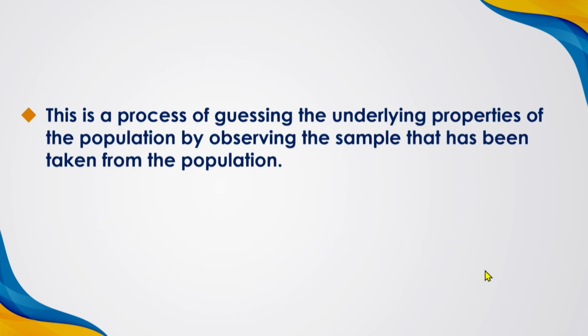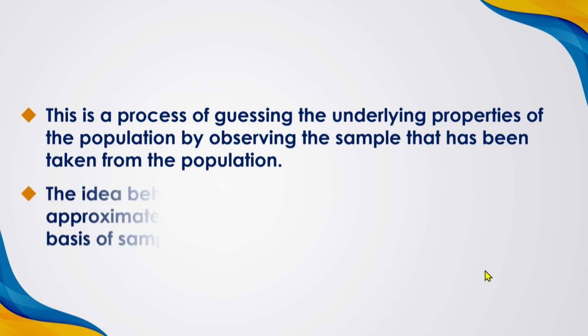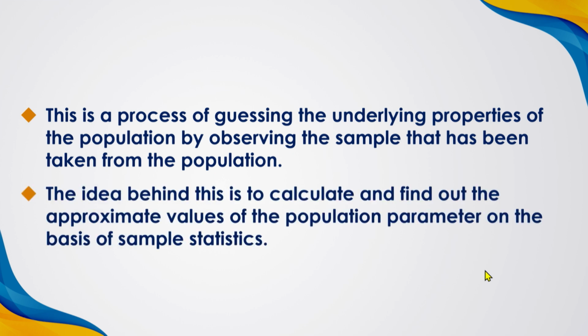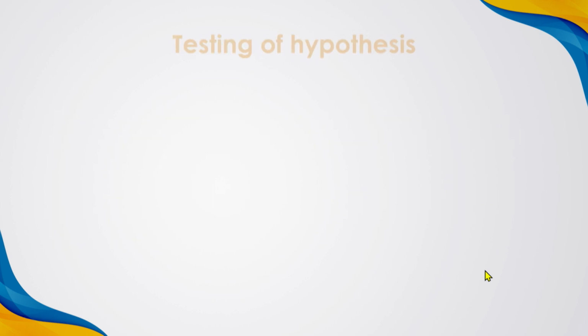This is a process of guessing the underlying properties of the population by observing the sample that has been taken from the population. The idea behind this is to calculate and find out the approximate values of the population parameters on the basis of sample statistics.